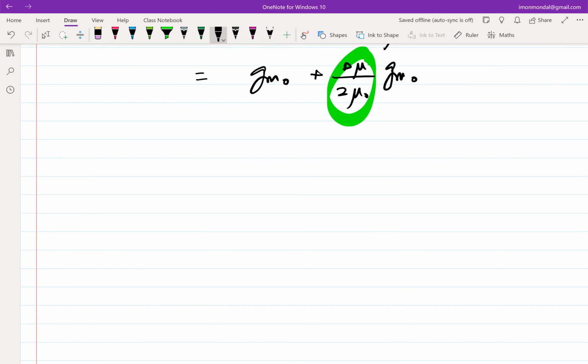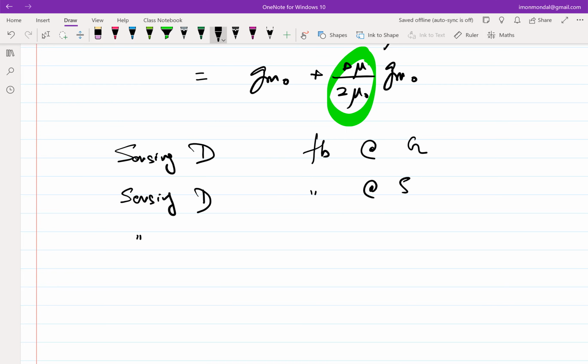Using negative feedback, you have options of sensing drain and feeding back the information at gate, or sensing drain and feeding back at source, or sensing the source and feeding back at gate, or sensing the source and feeding back at source. These are the four possible combinations, and we already alluded to one. Let's do the last one. I will see why I'm jumping to the last one soon.